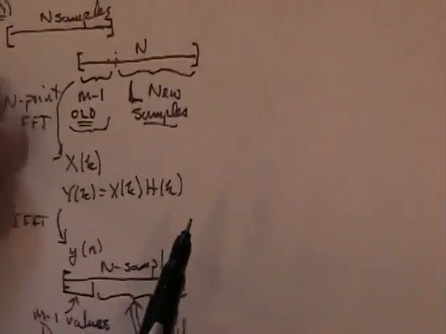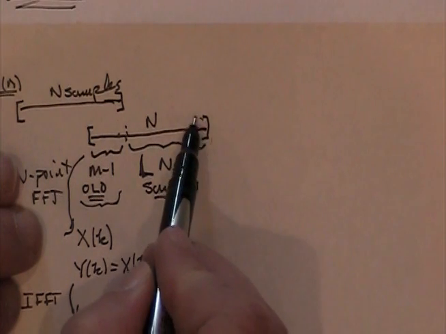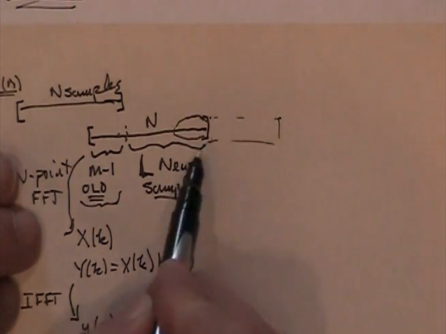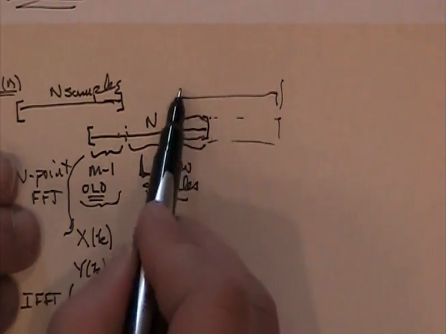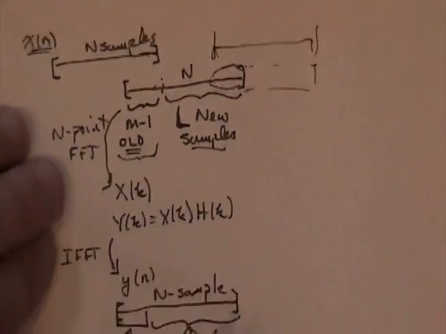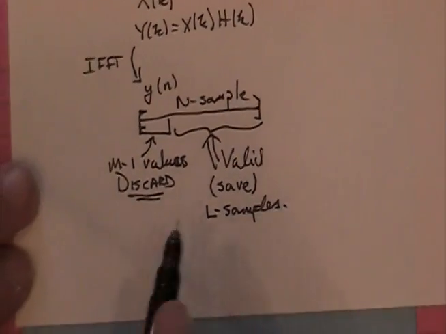When I go back to process the next block of data, the next block of data has to preserve these samples when I tack on the values in the incoming data stream to form a total of n samples for the next block of data. All right? Okay, hopefully that was clear. So that's the overlap and save method.